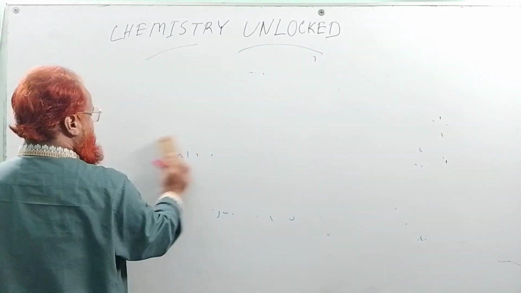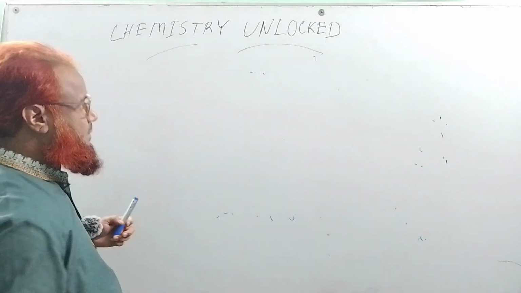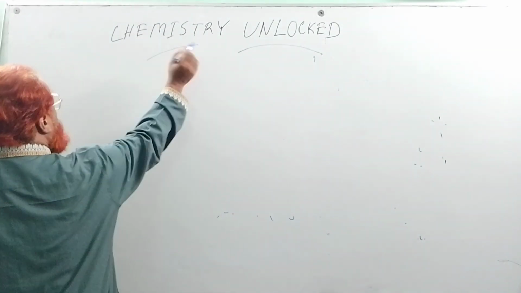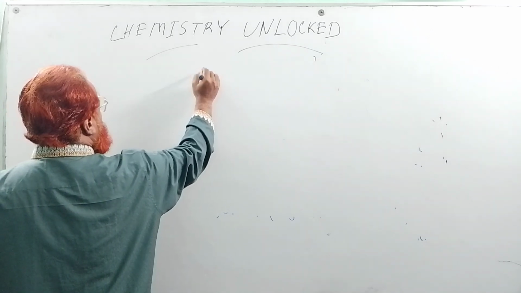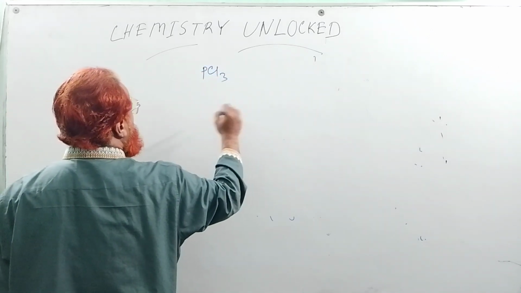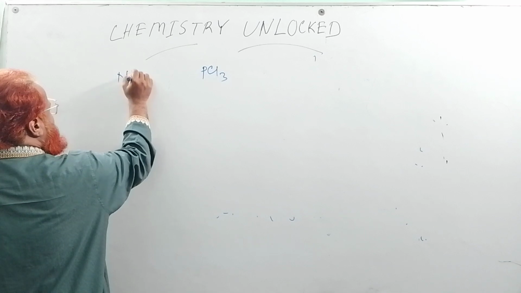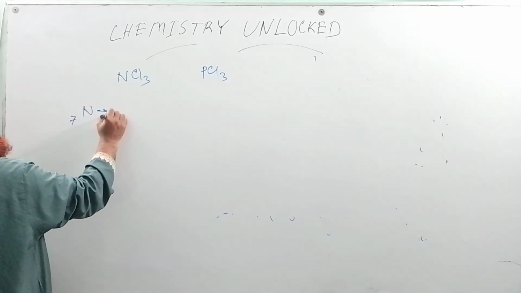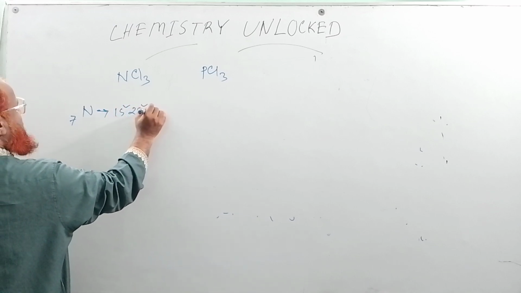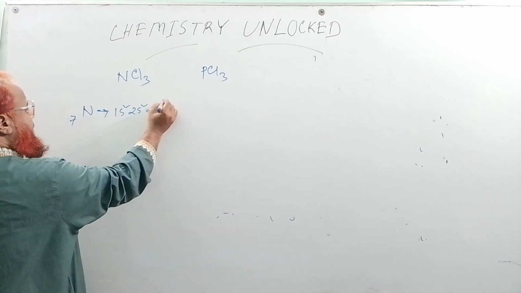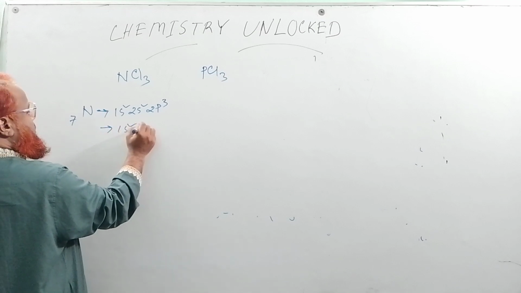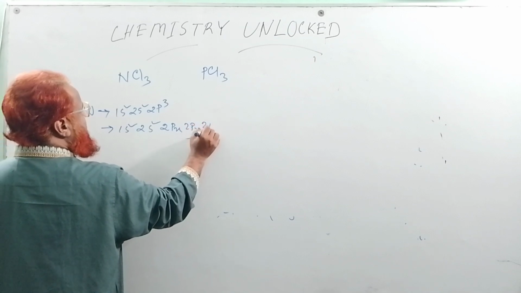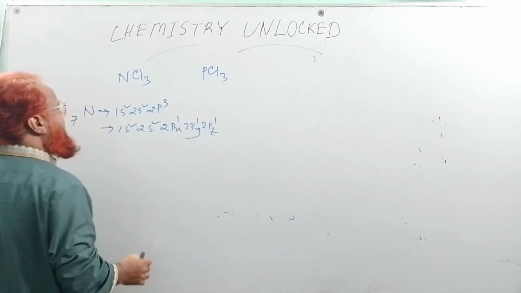For example, PCl3, NCl3. Nitrogen atomic number is 7: 1s2, 2s2, 2p3. So 1s2, 2s2, 2px, 2py, 2pz, 1, 1 and 1.